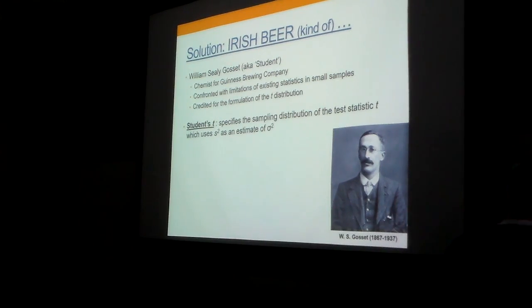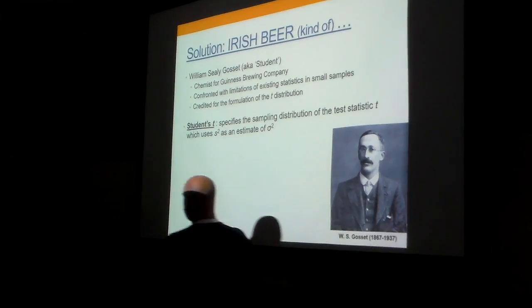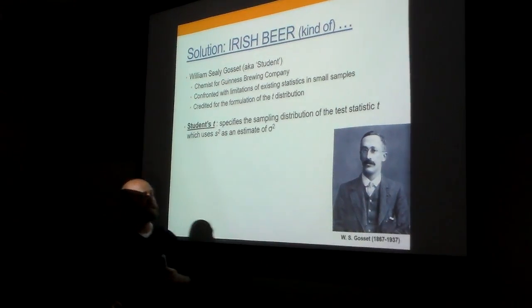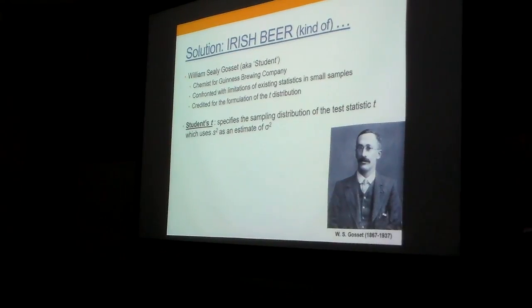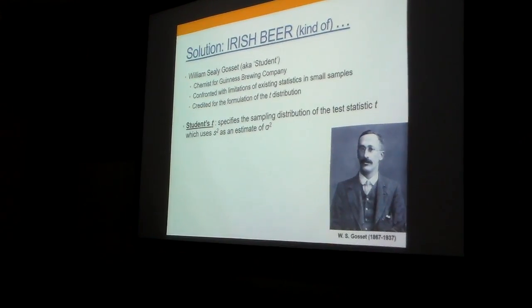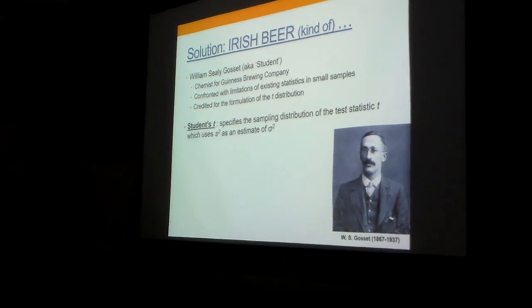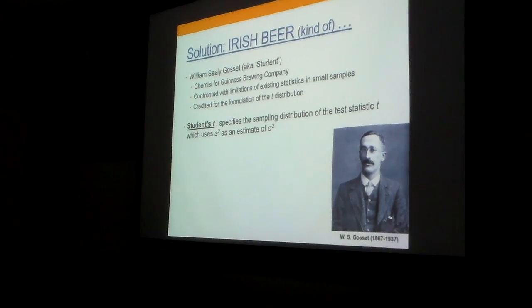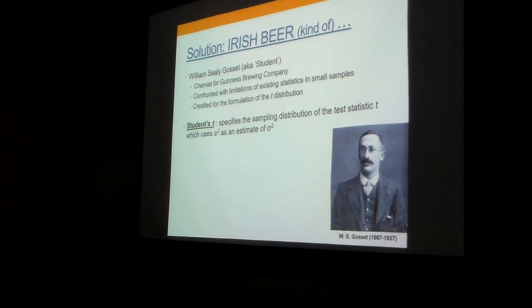So again, what we've got going on is, to calculate a proper z statistic, z is going to be my sample mean minus the population mean over the square root of population variance over n. Okay? This is just your standard error right here.